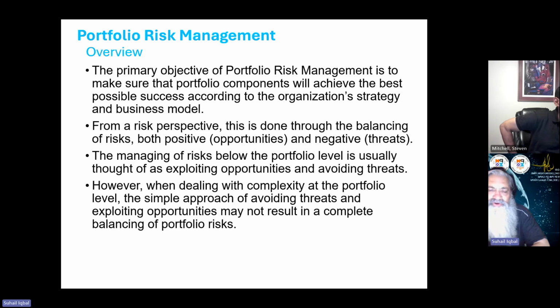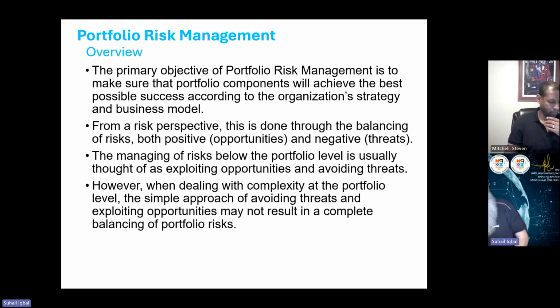So, a successful portfolio would be one in which all the components are aligned for success, not only for success, but for achievement of the organizational strategy. If you look at it from the risk perspective, this is done through the balancing of risks.